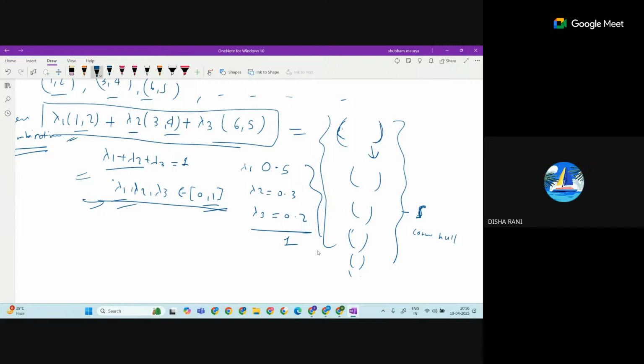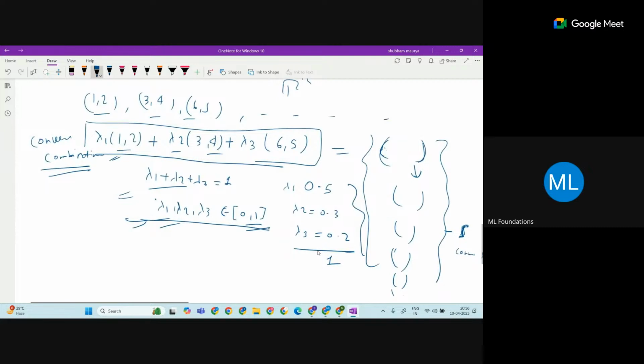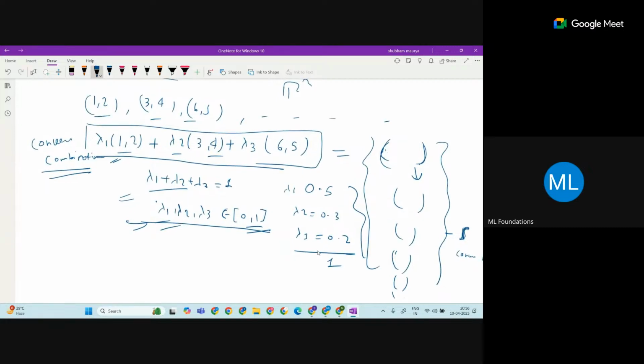Sir, could you please explain convex hull again? So suppose I have these 3 points, and this is one combination I am forming.